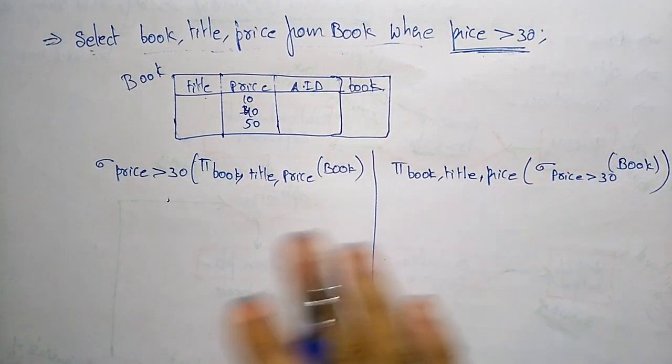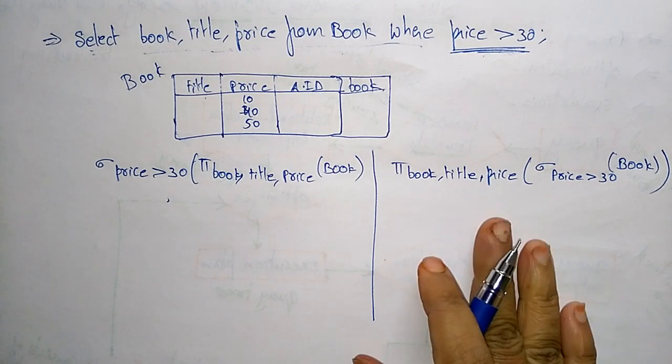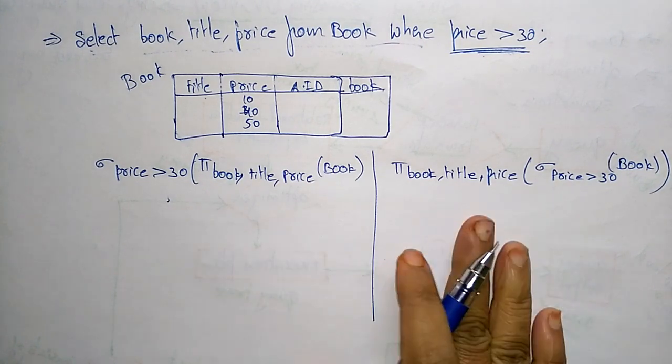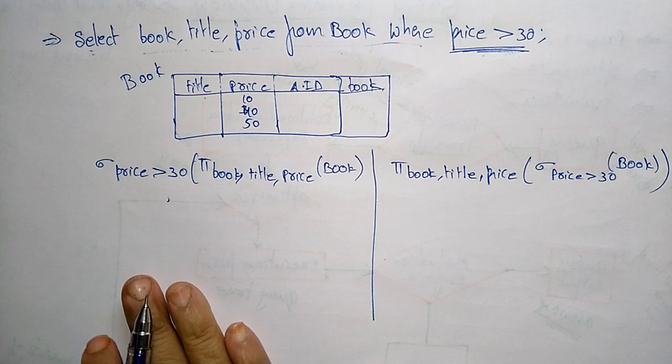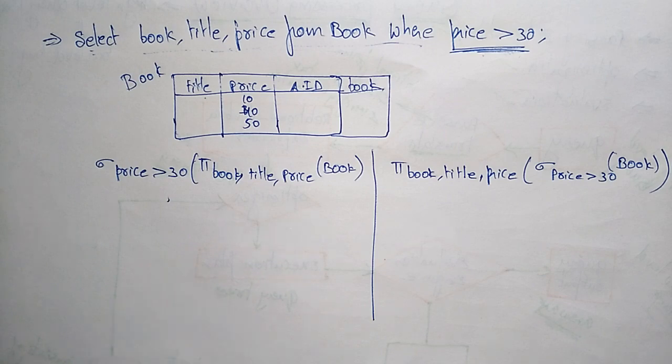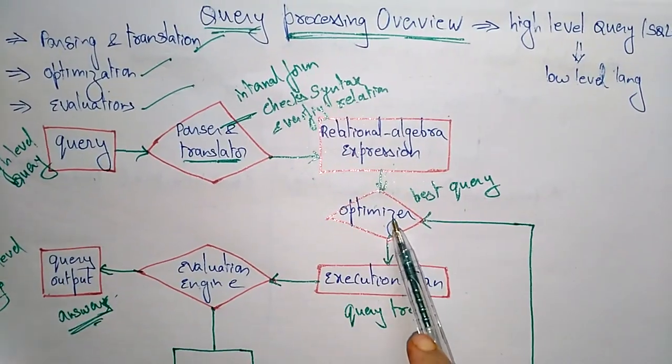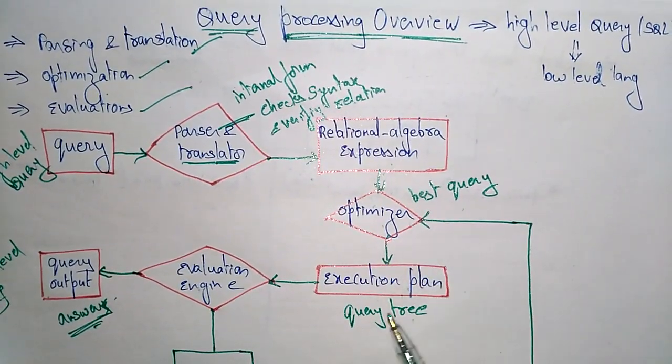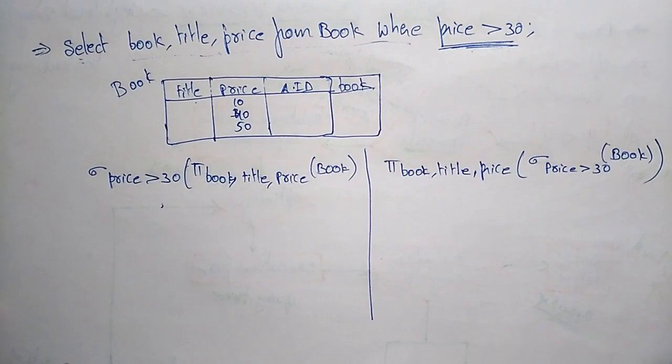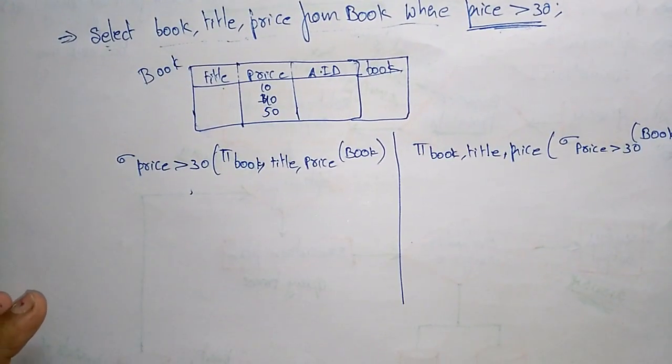But between these two, the query optimizer will select the best query and place it in the evaluation engine. The query optimizer will place the best query into the execution plan. The execution plan will convert those queries into a query tree. What is a query tree?